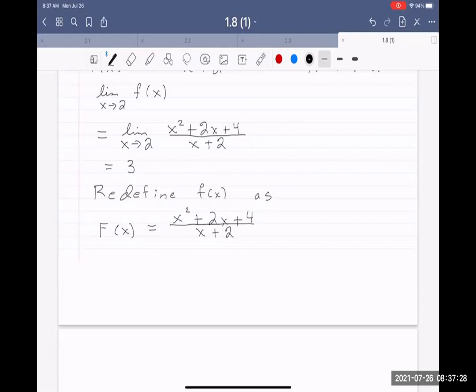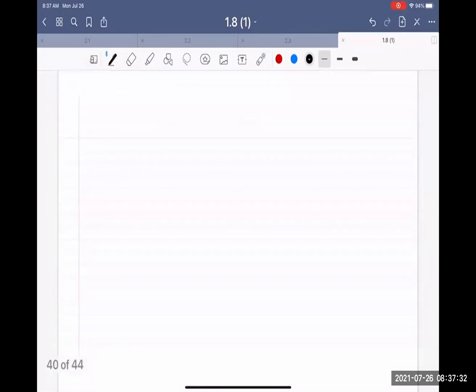Then I will have that little f of x is equal to capital F of x for all x not equal to 2.